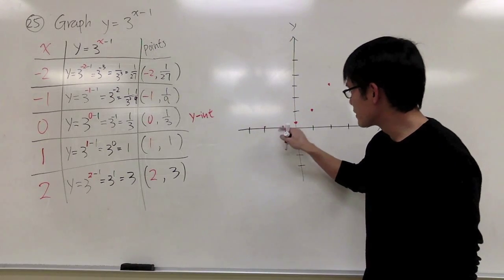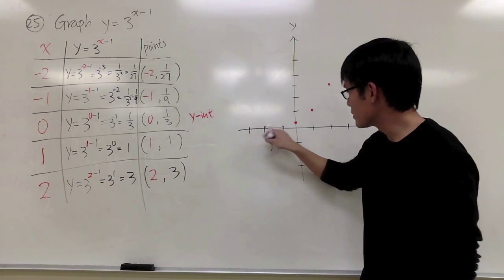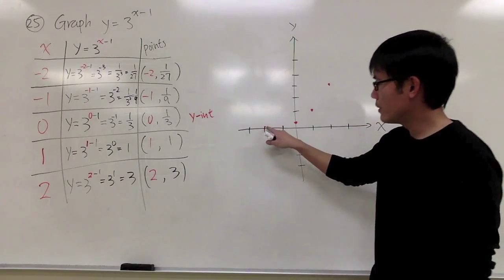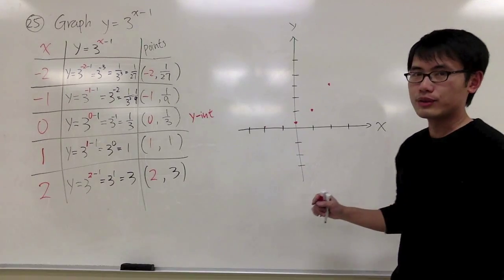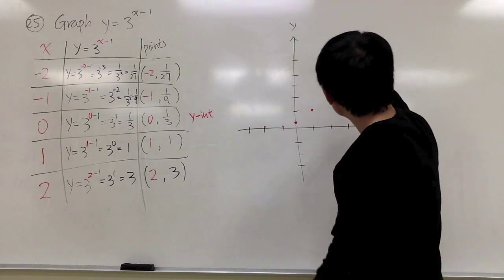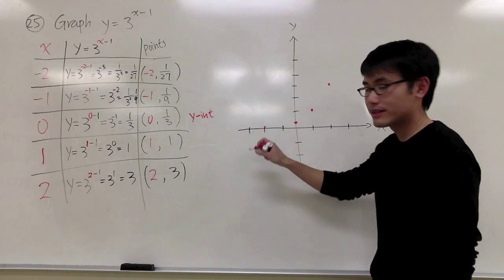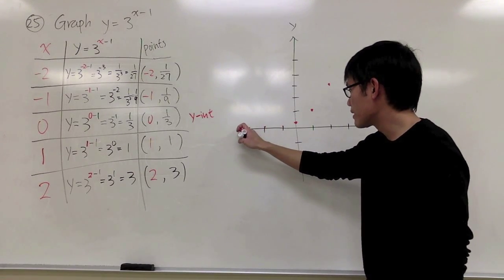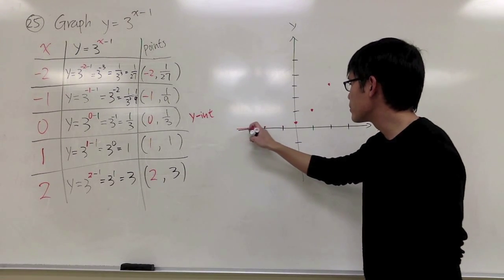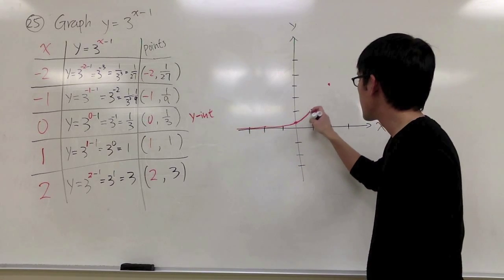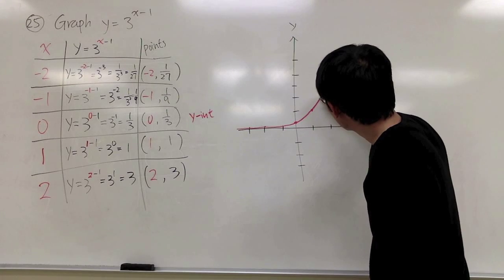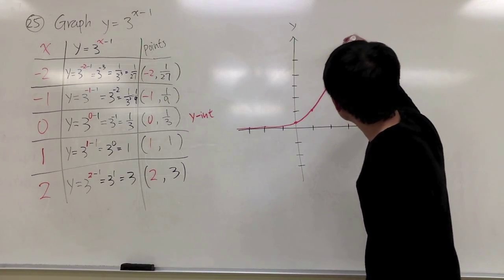So it's very close to the x-axis, just like that. If you connect all the points that we have with a curve, let me do it from left to right. The graph of the equation is going to look something like this, and let me just go up like that.